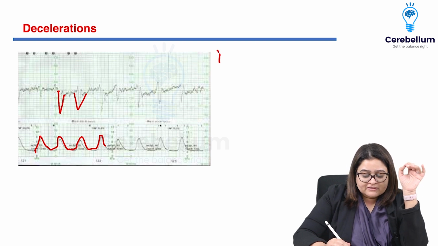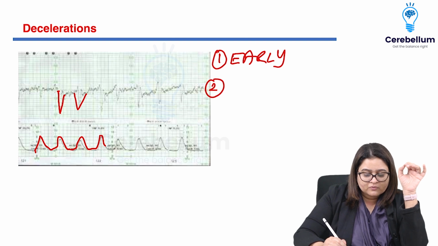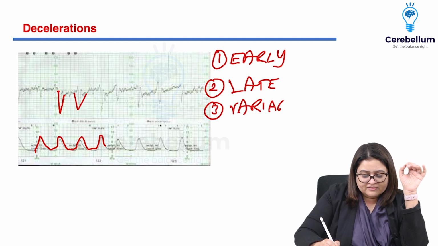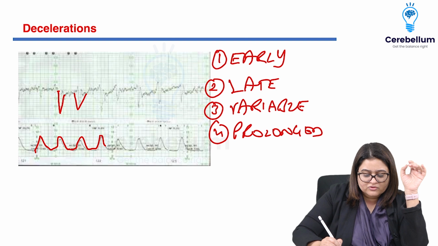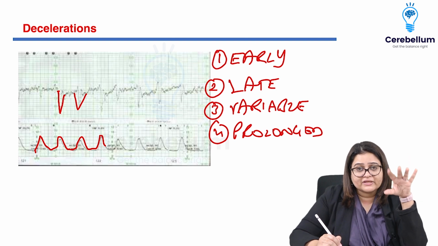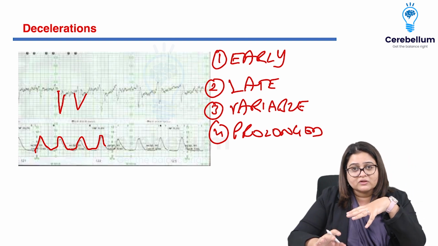So there are several types: early deceleration, late deceleration, variable deceleration, then something called a prolonged deceleration, and we will also talk about something called a sinusoidal pattern along with this.